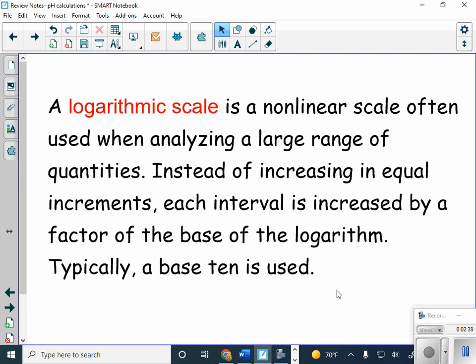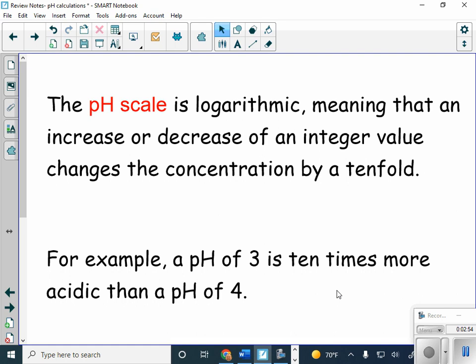Typically a base 10 is used, and that's what we're going to use here on our pH scale. Now, what does this all mean, this logarithmic scale?